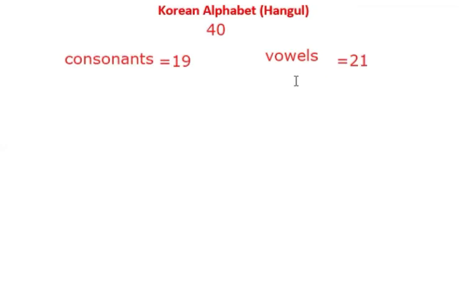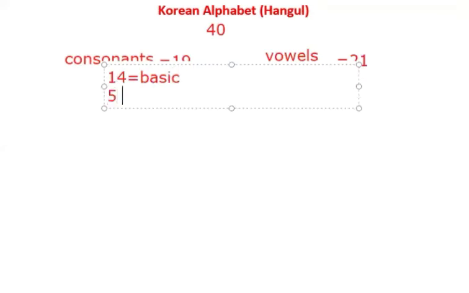Now, the consonants are further divided into two categories. There are basic consonants and compound consonants. Vowels are also divided into two categories, basic vowels and compound vowels. In the case of consonants, there are 14 basic consonants. The remaining 5 consonants are compound consonants or double consonants.